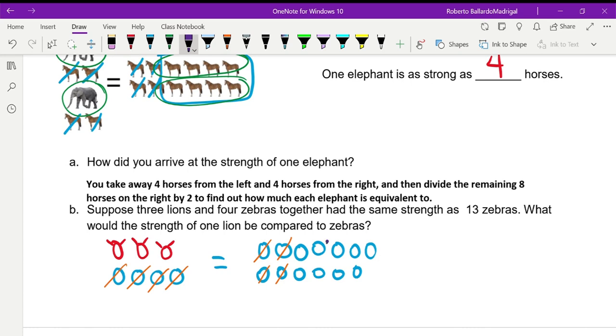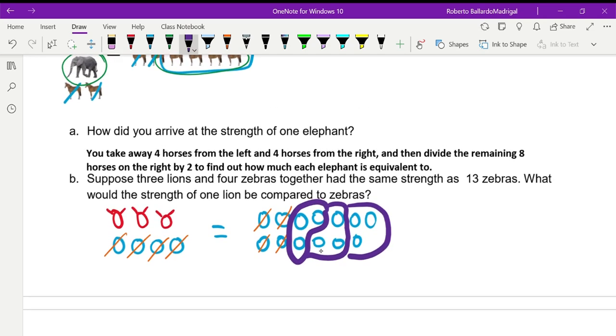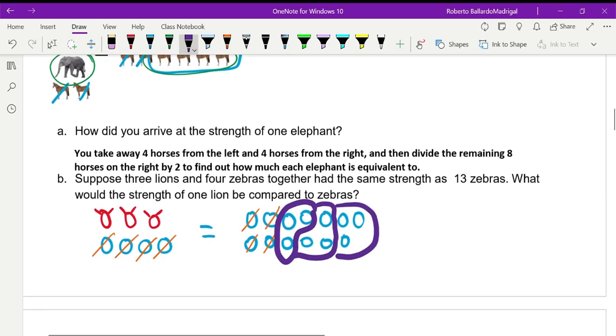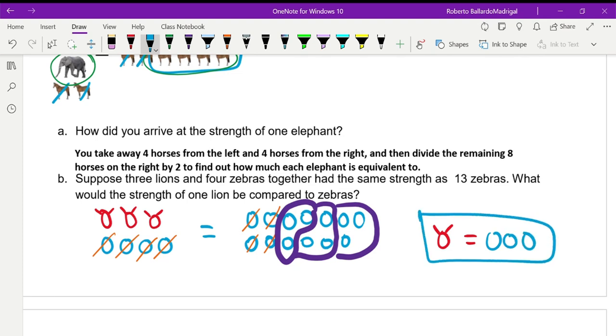So I can make a group of 3. That's 1, that's 2, and then that's 3. And so if we split up each group corresponding to 1 lion, then we're saying that each lion is equal to 3 zebras. That is what we're saying.